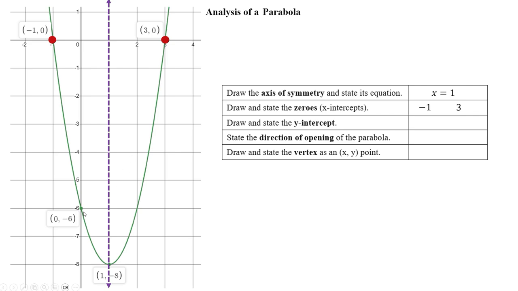The y-intercept, where it crosses the y-axis, is negative 6. The direction of the opening of the parabola is up, and the vertex is right here at 1, negative 8.